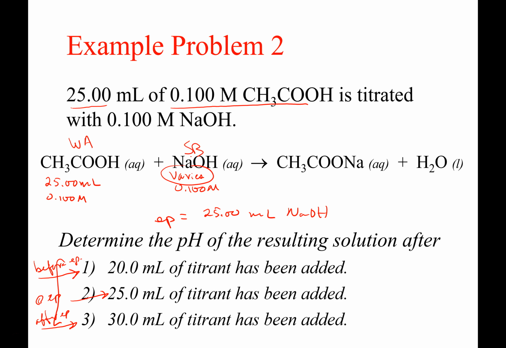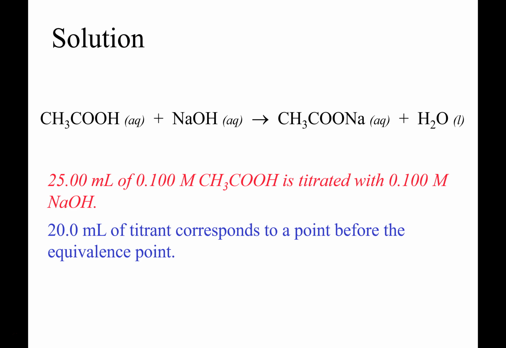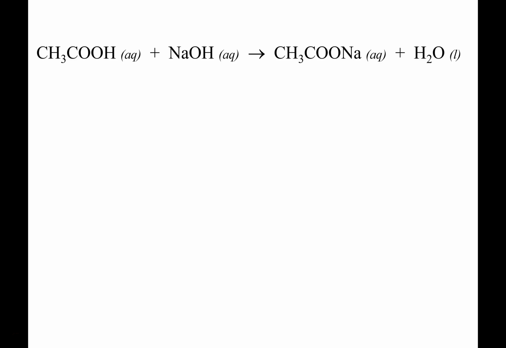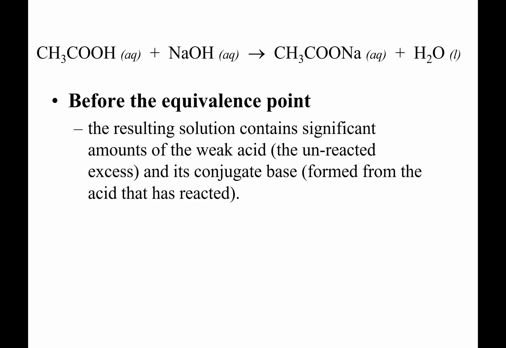So this will be characteristic of this sort of titration. So before the equivalence point, 20 milliliters. At that point, what has happened is that you have converted some of your acetic acid into sodium acetate.